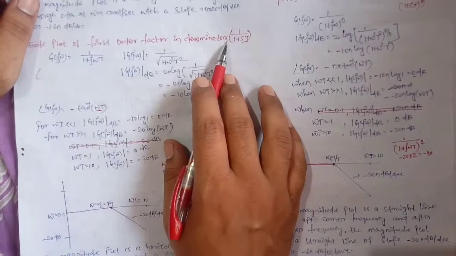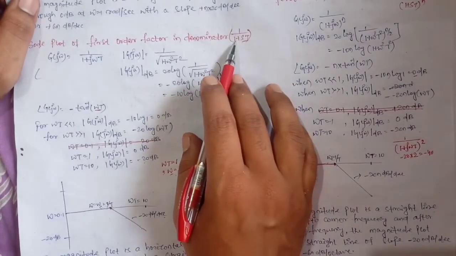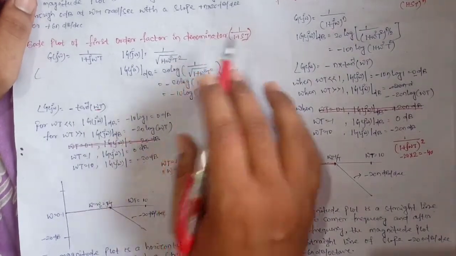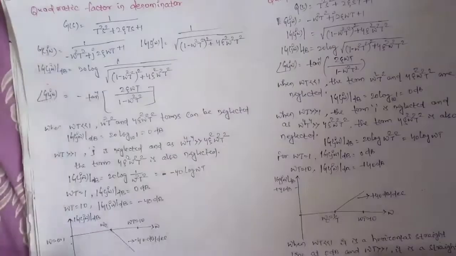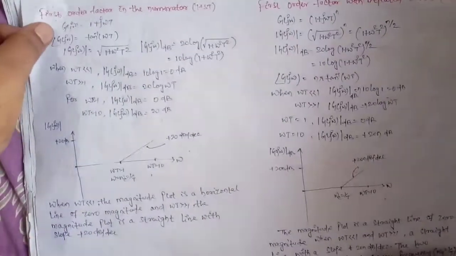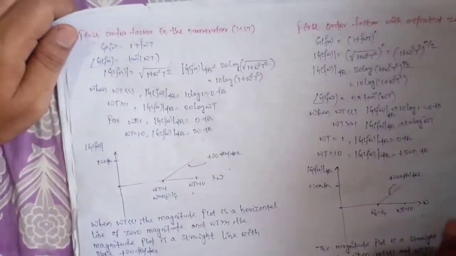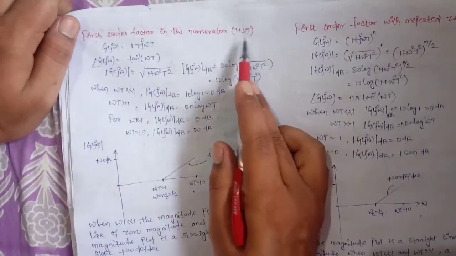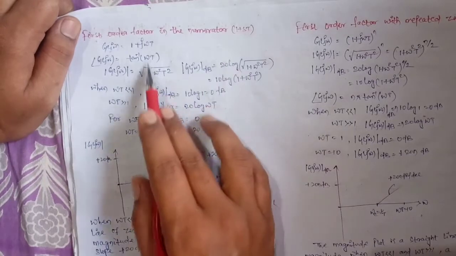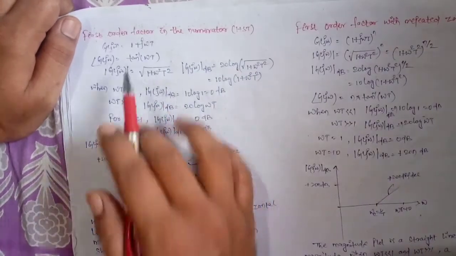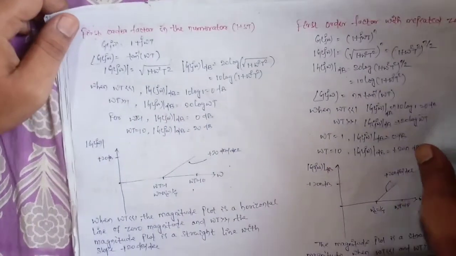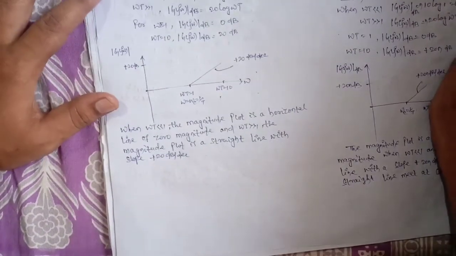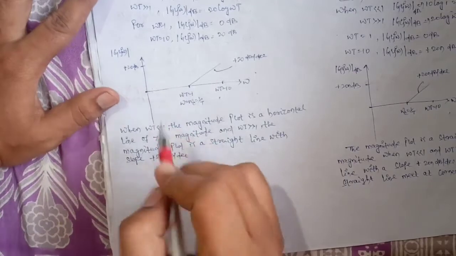Here we have discussed for a simple pole. Now I will move to simple zero, that is a factor 1 plus st. For simple zero, instead of going through mathematical derivations, exactly the same derivation will come. I will give you the conclusion. What conclusion will we get for a simple zero?